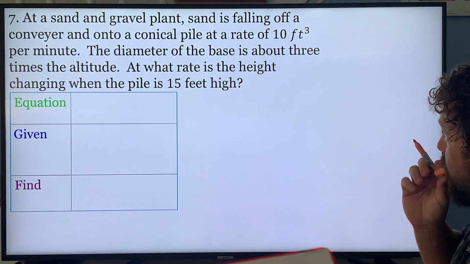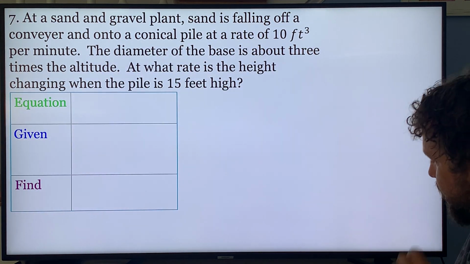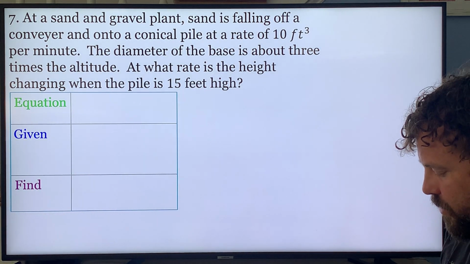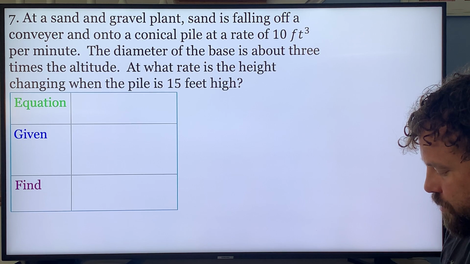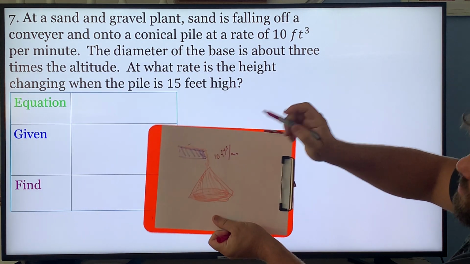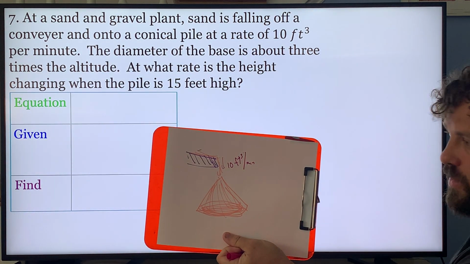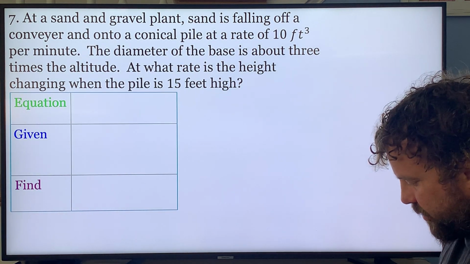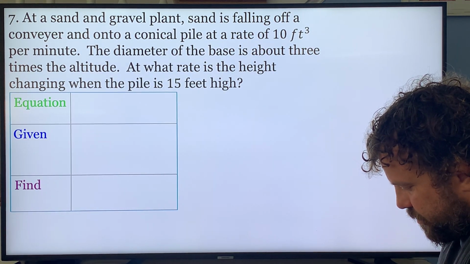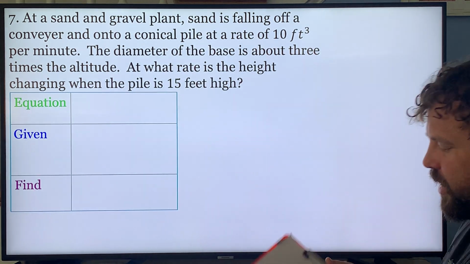Okay? So what you want to know is your sand is falling off the conveyor onto a conical pile at the rate of 10 cubic feet per minute, right? So that's how fast the sand's coming off. The diameter of the base is 3 times the altitude. Altitude is another word for height, right?